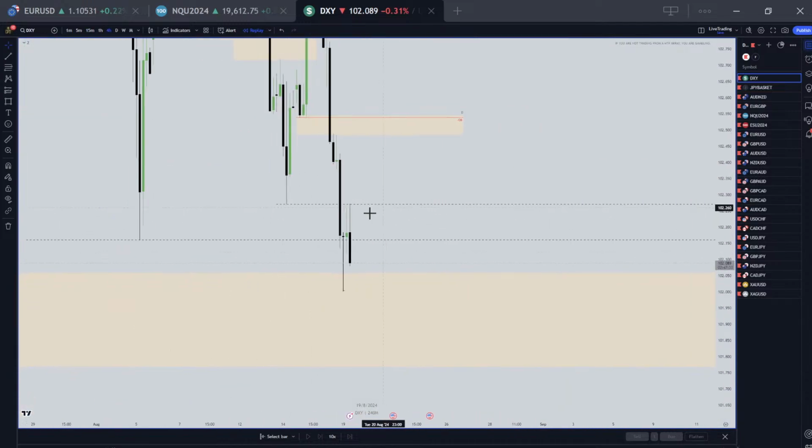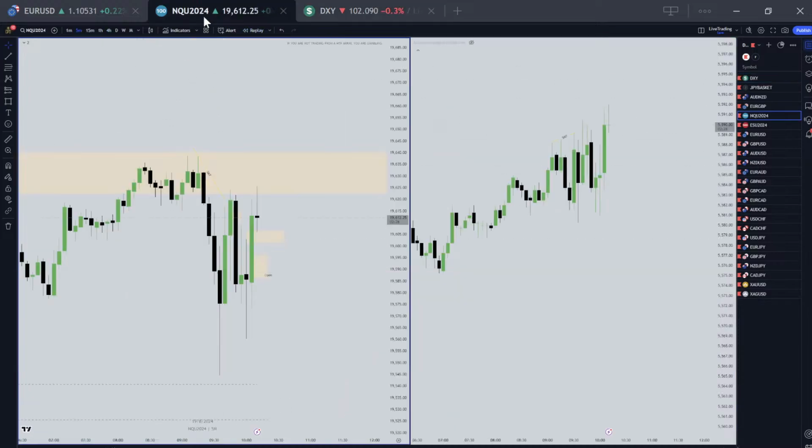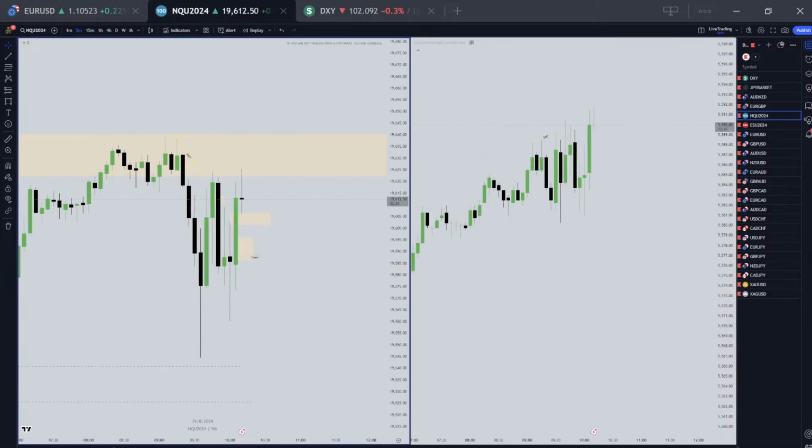All right, so DXY went lower from the 4-hour for value gap here. Interesting. Nice info for tomorrow. I think it's going to be a very boring and slow day, guys, so probably not going to be a very long stream. Looking at the current price action, there's nothing cool to analyze, to be honest.